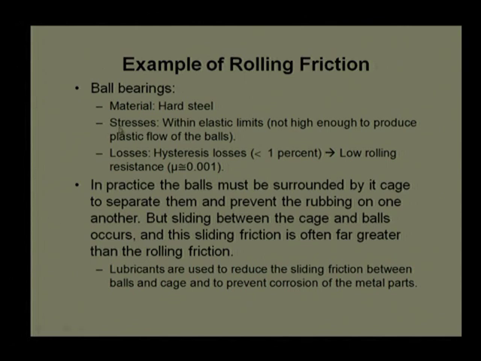Second, we assume the applied load is within elastic limits, not high enough to produce any plastic flow of the ball, so there is no plastic deformation. What will happen in that case? Hysteresis losses will be very low, generally less than 1%. So in most cases the coefficient of friction will be 0.01 to 0.001.